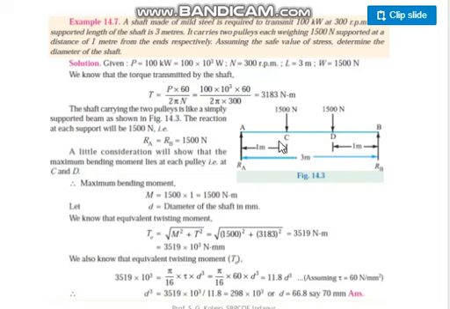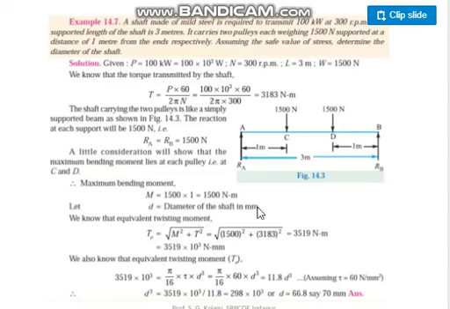So if you take moments about C, you will get the moment. This is 1500 and this is 1, so 1500 into 1. Instead of 1 you can put 1000, then directly you will get 1500 Newton millimeters. This should be in millimeters.